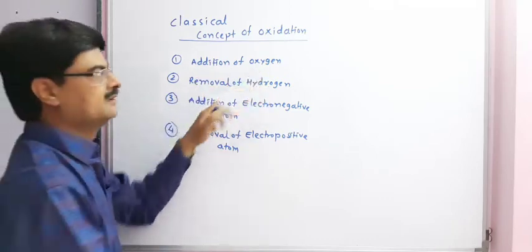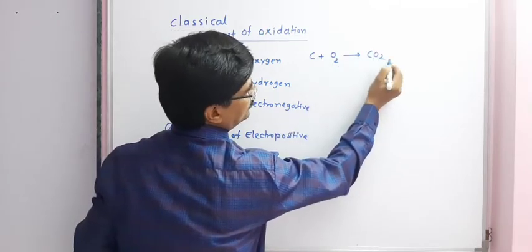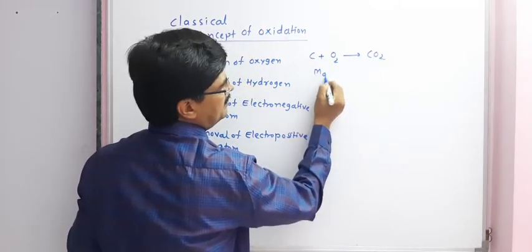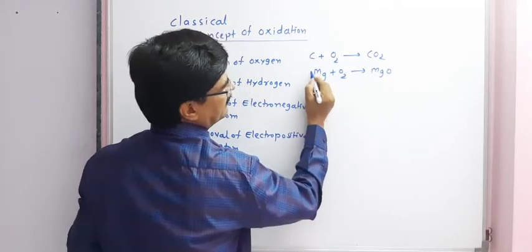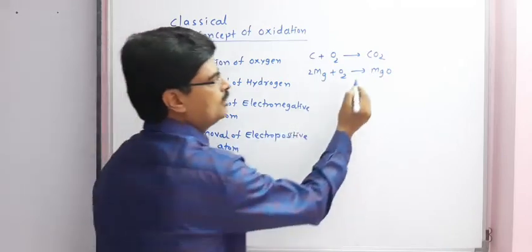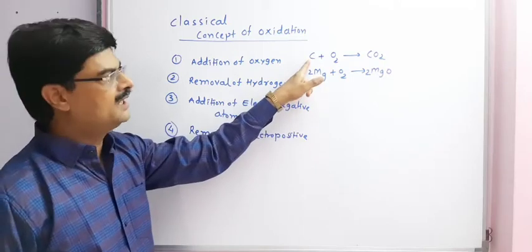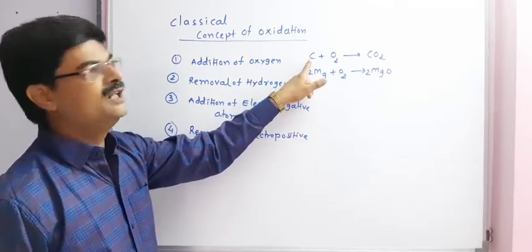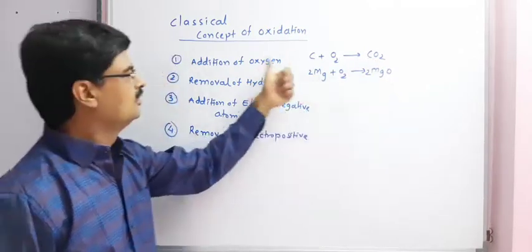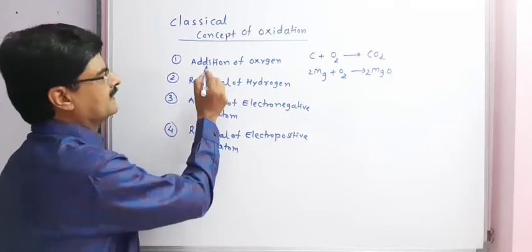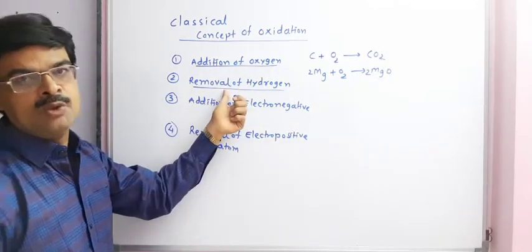Addition of oxygen. Carbon plus oxygen gives CO2. Mg plus O2 will give MgO. On balancing, we will get 2Mg plus O2 will give 2MgO. In this case, on the reactant side, carbon had no oxygen, but on the product side, carbon is with oxygen. So we can say addition of oxygen. Now second, removal of hydrogen.